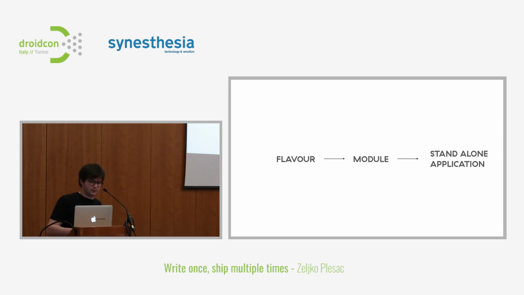And how to achieve that? Well, in most cases, the flow is pretty simple. We start with a flavor-specific architecture, where everything is, let's say, tightly coupled between default implementation and custom implementations. Then we refactor the architecture to a modular one. So basically, we just depend on some main module.